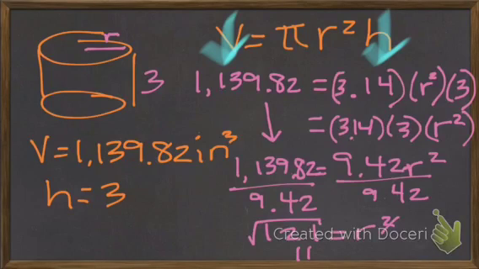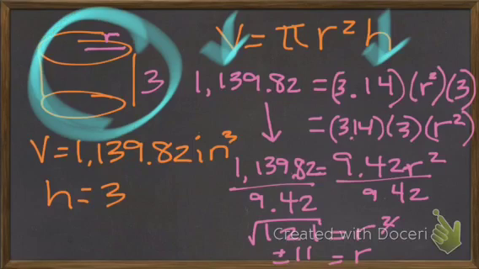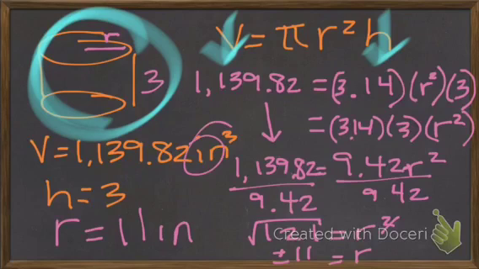It's actually technically positive or negative 11. But we're talking volume here. We can never have negative measurements. So I can only go with my positive number. So radius is 11, and 11 what? Inches. It was just a length, so it's 11 inches. So sometimes you can solve for a radius if you know the volume and the height.